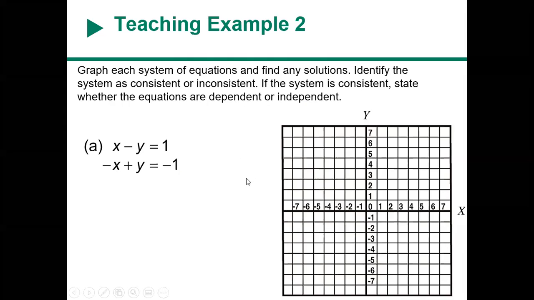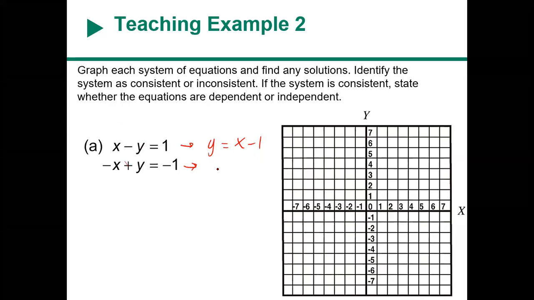So first step is you want to get y by itself. So in the first equation, when we get y by itself, now my pen has stopped. What's going on? All right, so we're going to get y by itself. So this equation is going to become y equals x minus 1.